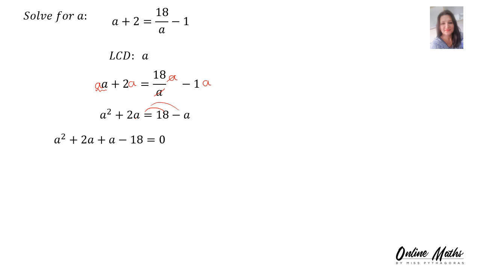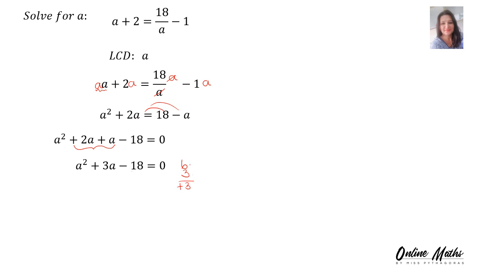And before I can factorize, I first need to add my like terms. So I find the 2a plus a there, and it becomes a squared plus 3a minus 18 is equal to 0. Now I factorize. So I take the 18 and I say the factors of 18 are 6 and 3. I want the middle term to be plus 3.